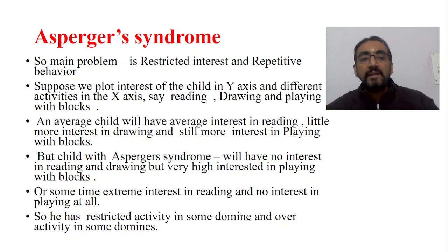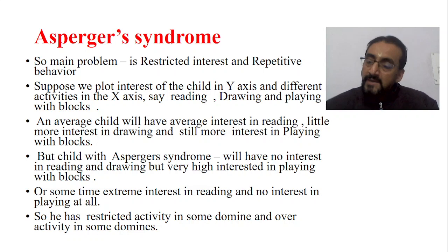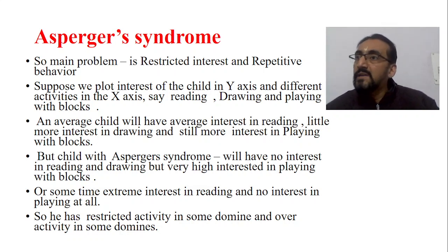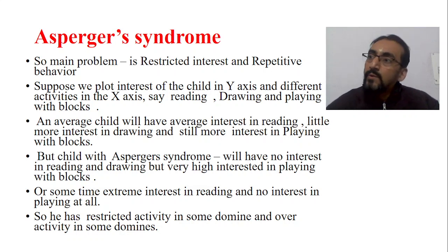But if you look at the child with Asperger syndrome, he will have no interest in reading, no interest in drawing, but very much interest in playing. That means his area of interest is very much restricted. Or sometimes he has no interest in playing, no interest in reading, but only interest in drawing, and he keeps on drawing throughout the day.